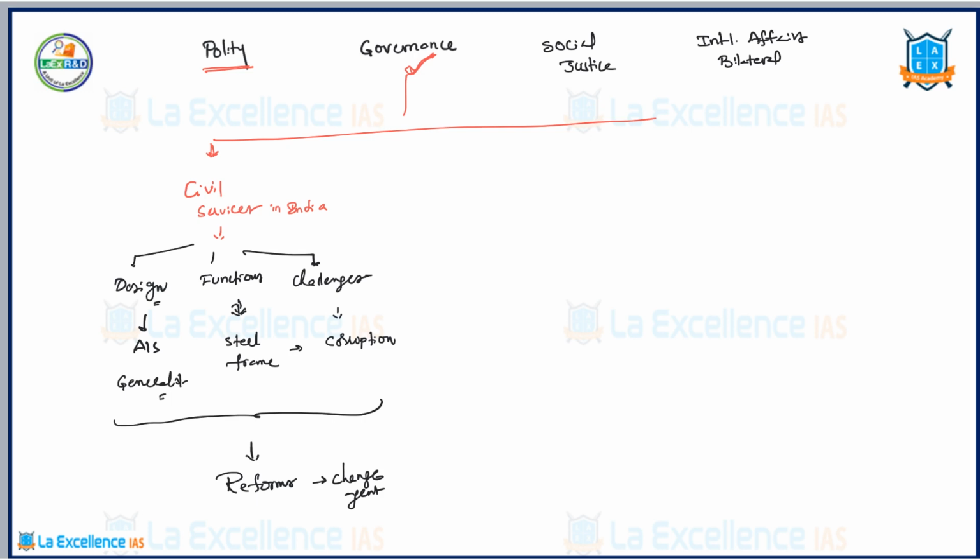So, this is civil services in India. The next aspect which we discuss is related to how we shall ensure systematic functioning of the civil services. Here we get accountability and transparency.